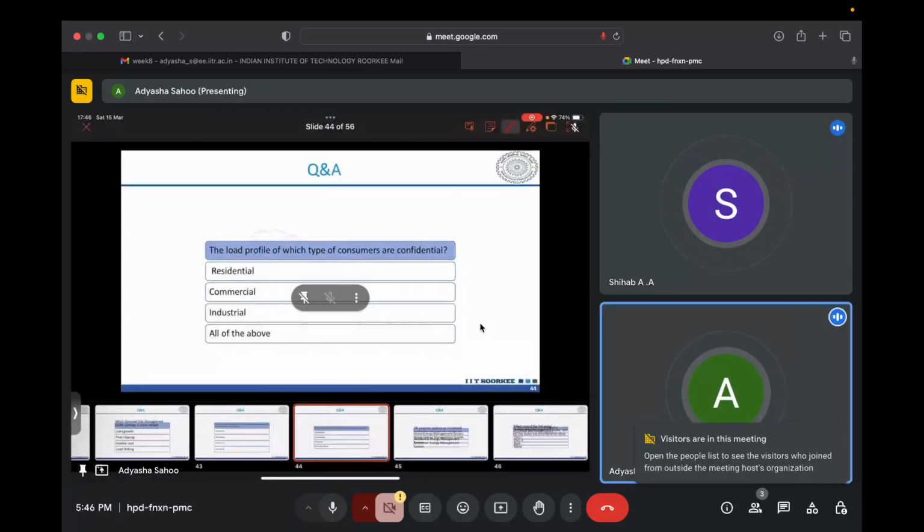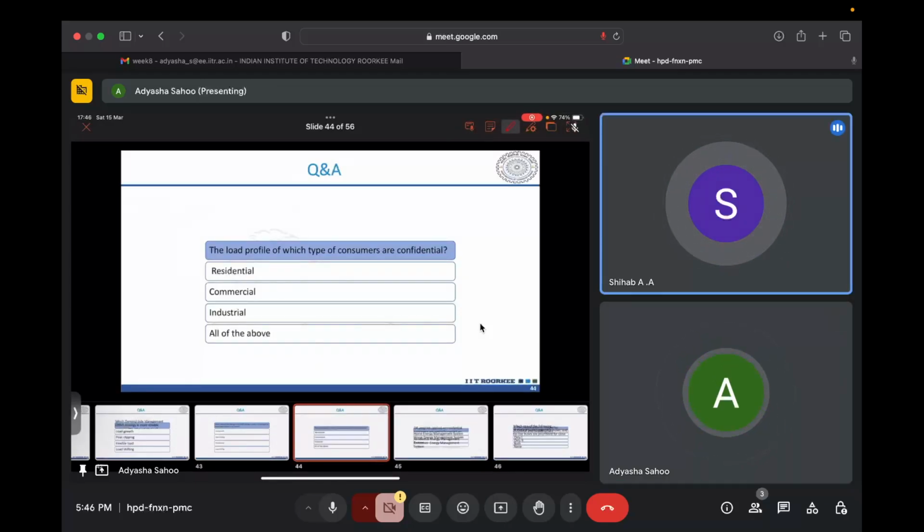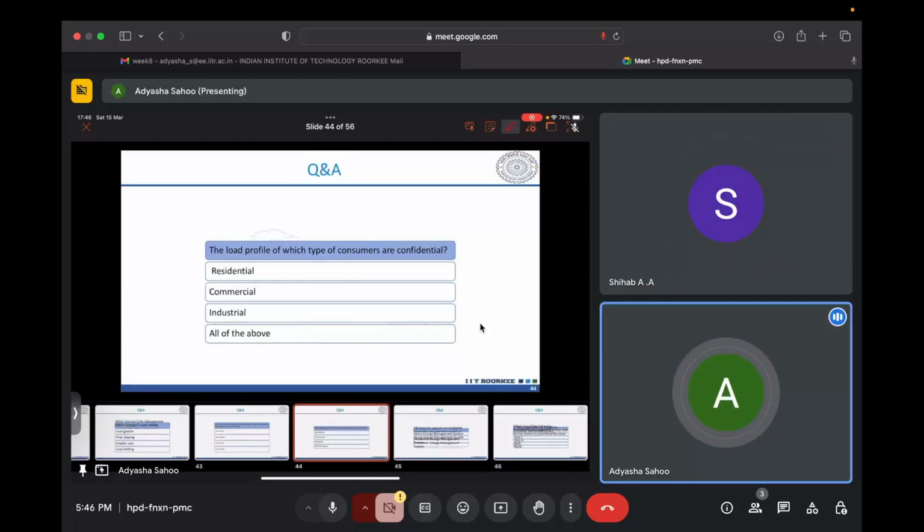Although, as you said, all load profiles are confidential, among these, the most sensitive one can be for industrial because there you have money involved, right?